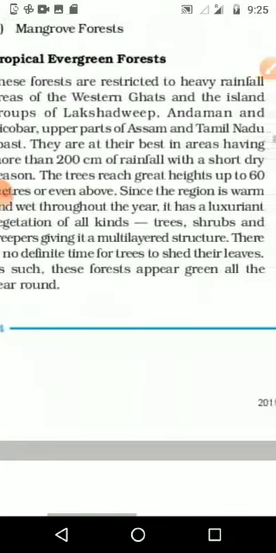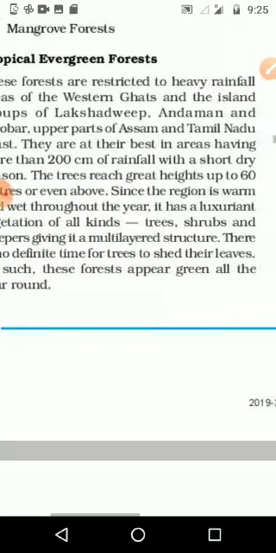Then next thing, there is no definite time for trees to shed their leaves. In some other forest types that we will study, all the trees shed their leaves at the same time, but in this evergreen forest the trees do not shed their leaves at a single time. There is no specific time.